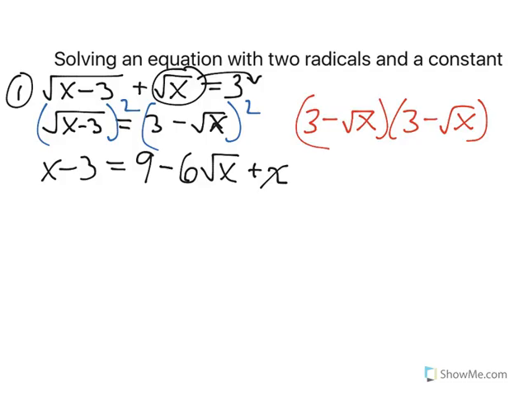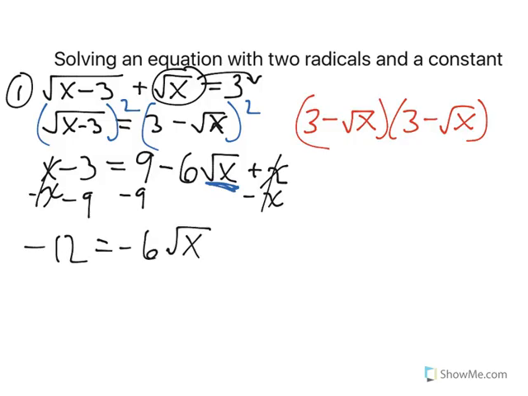So now we have a new concern. We have a square root, another one still, but at least there's only one. So whenever you have one square root, you isolate that one square root. So we are going to subtract x from both sides, which works out nice, they cancel. I'm going to subtract 9, so that becomes negative 12 equals negative 6 square root of x.